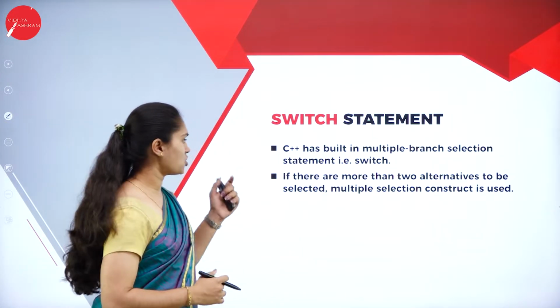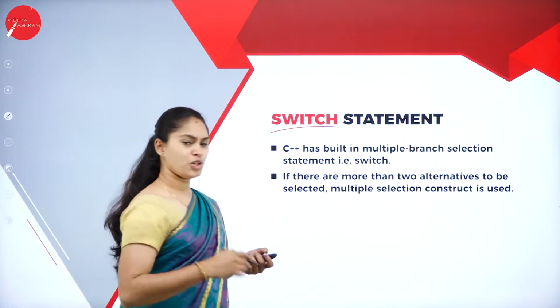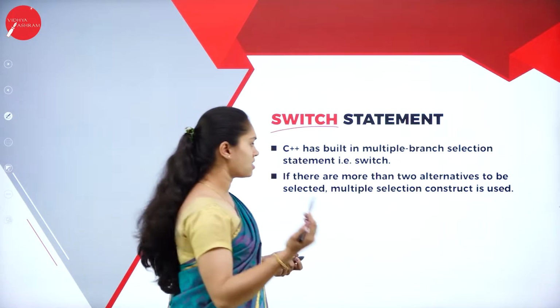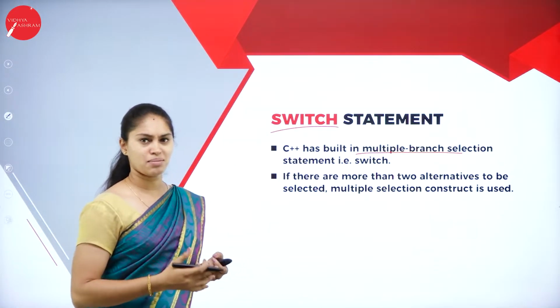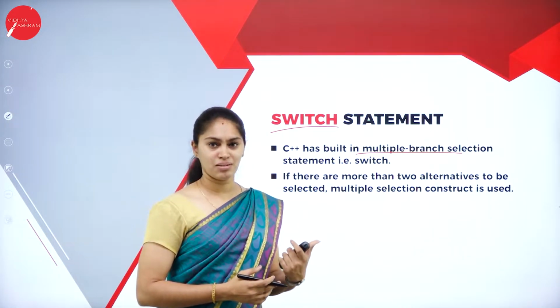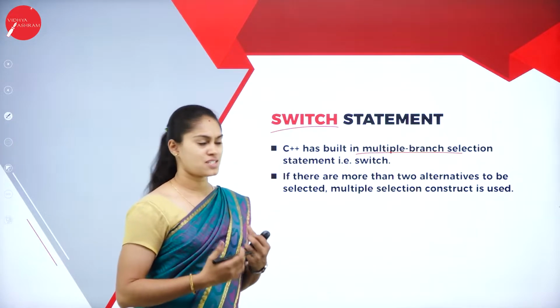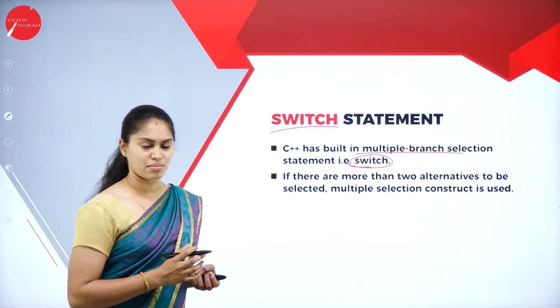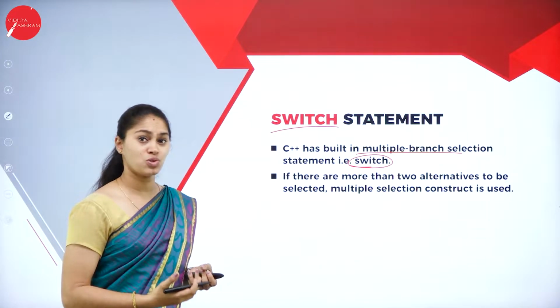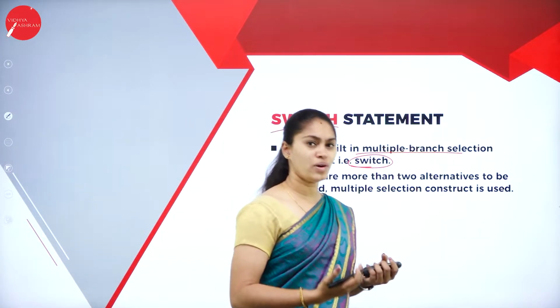We'll see the definition of this switch statement. You can call the switch statement a multiple branch selection statement. In C++ programming, it is the inbuilt multiple selection statement, which we call the switch statement. Then why is it used, when will it be used, and how will it be used?